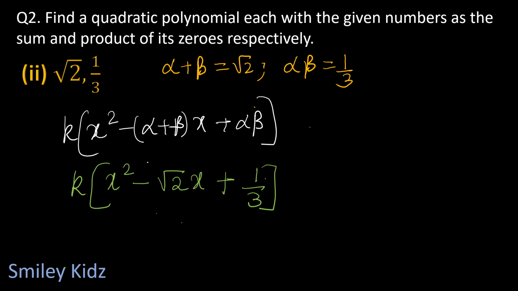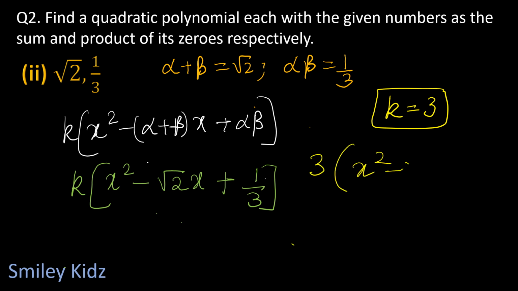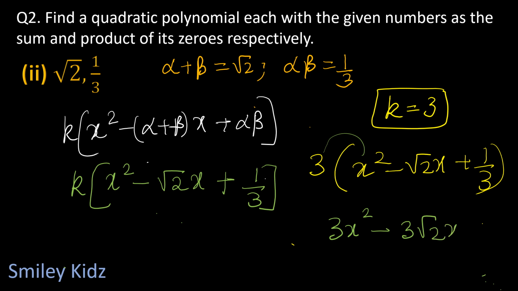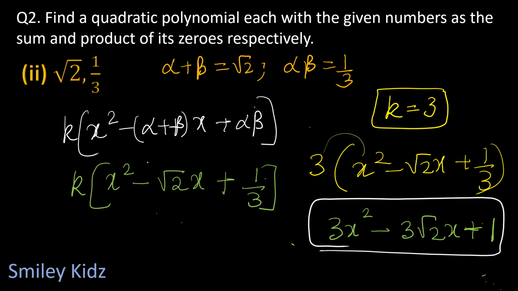So let's suppose k is 3, then I'm going to multiply 3 with the entire equation x square minus √2x plus 1 by 3, which results in 3 into x square is 3x square, minus 3 into √2x is minus 3√2x, plus 3 into 1 by 3 will give you 1. So the required quadratic polynomial is 3x square minus 3 root 2x plus 1.